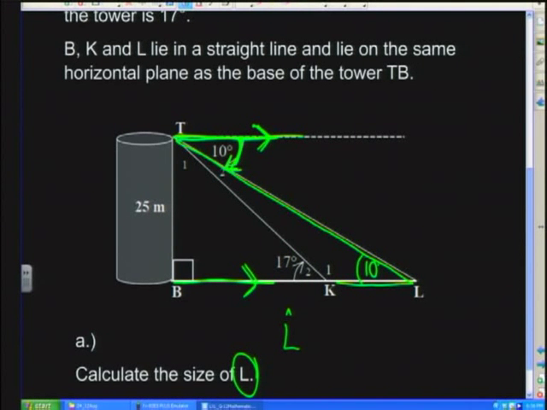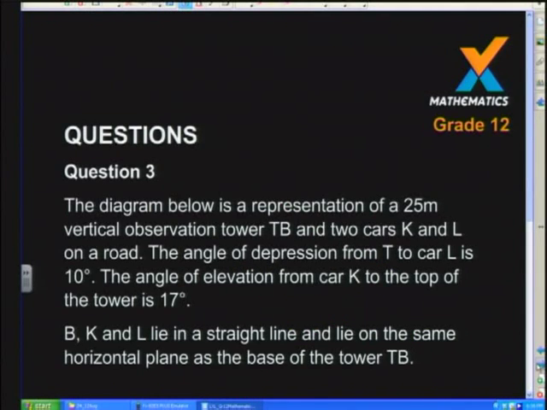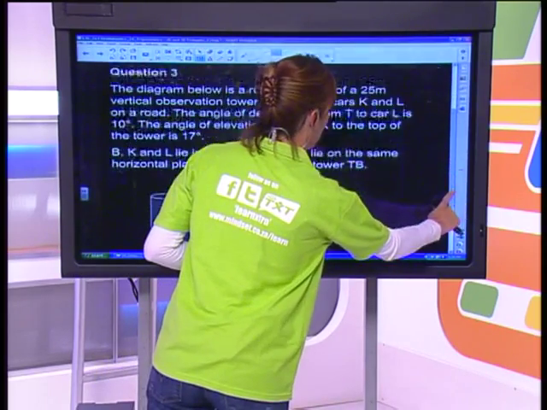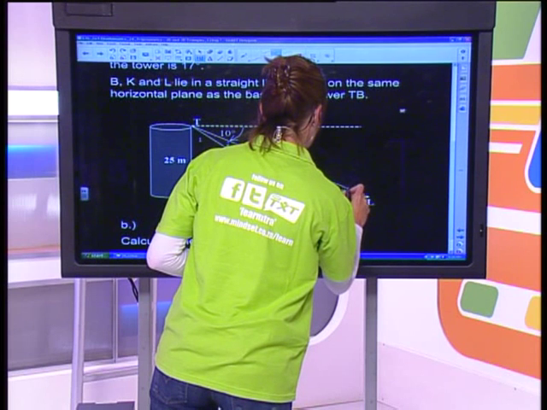So my angle L is 10 degrees, and the reason we know that is because we have alternate angles between the parallel lines. Just a point on angles of elevation and depression: they always are between horizontal lines, which are parallel.